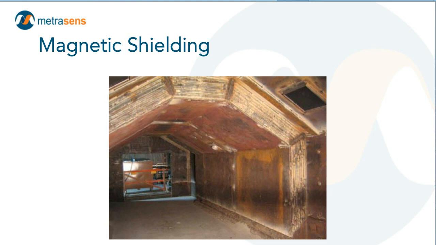Again, with clinical MRI, we can apply steel to one wall, one ceiling, floor, what have you. When we start applying steel in significant thicknesses, it runs the risk of distorting the magnetic field from the MRI.